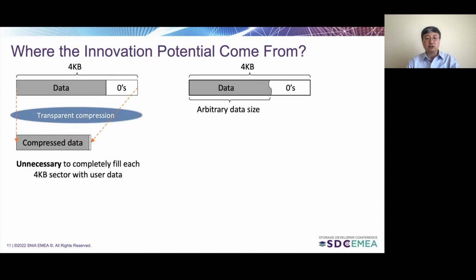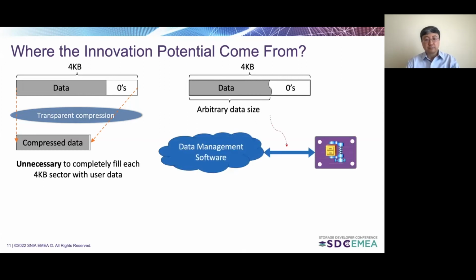So this leads to a virtually variable size block I/O. That is, even though we still stick with the conventional 4K byte I/O interface, the valid user data per block could have a variable or arbitrary size without sacrificing the true physical storage space.